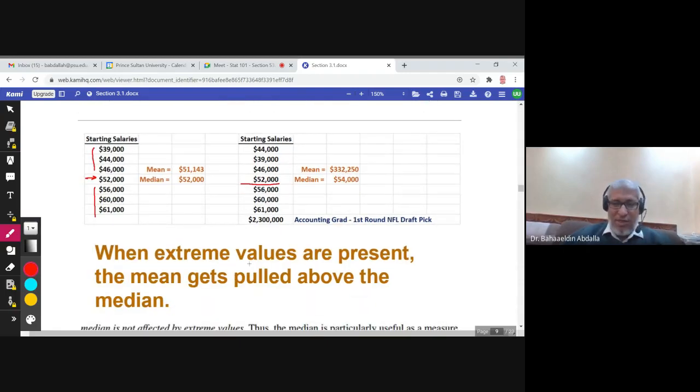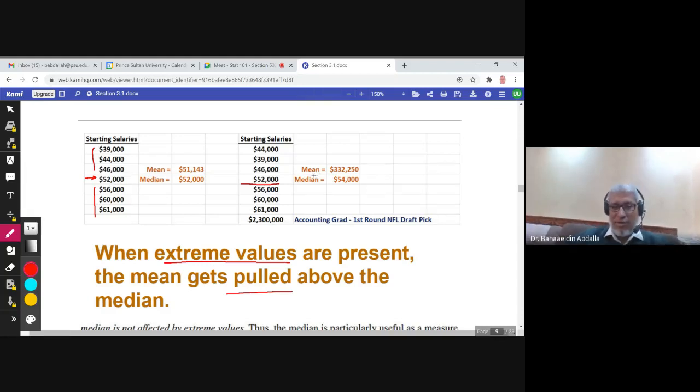This makes you understand that the extreme values, this is really a large extreme salary, will pull the mean in their direction. This salary is larger than all the others, so the mean would be much larger than the previous one. If this salary is very small, say 1,000 or something, then the mean will go in that direction and be smaller.